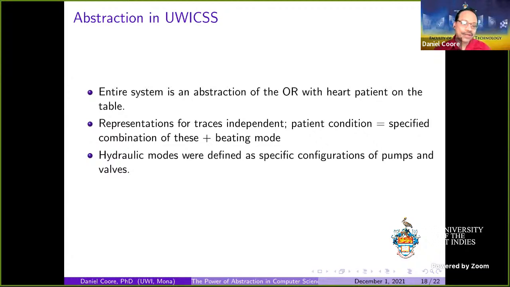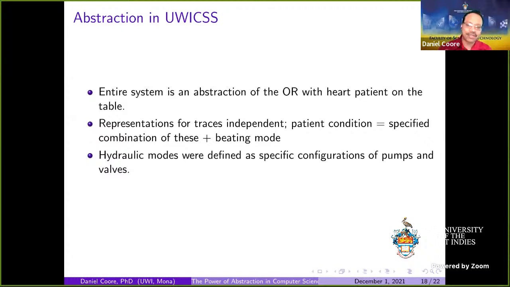When I looked at what was required, there might have been about 6 different modes. Instead of actually implementing those 6 specific modes, what I did instead was recognize the constituents of those modes. So this is recognizing those as special cases of a more abstract and general description of such a thing called a configuration of pumps and valves.